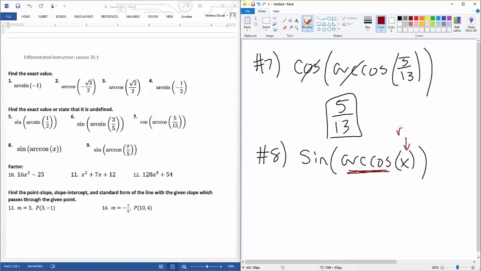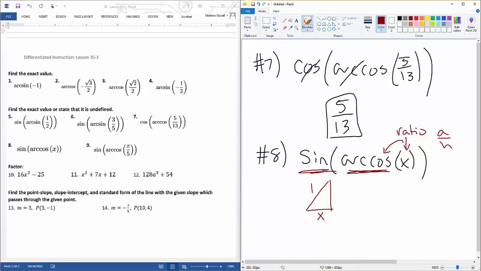This right here is always a ratio, and it's the ratio that always references that. So what ratio is cosine? Well, that's adjacent over hypotenuse. So I can draw a triangle to represent this. And if we're saying arc cosine, that means we have adjacent over hypotenuse, x over 1.